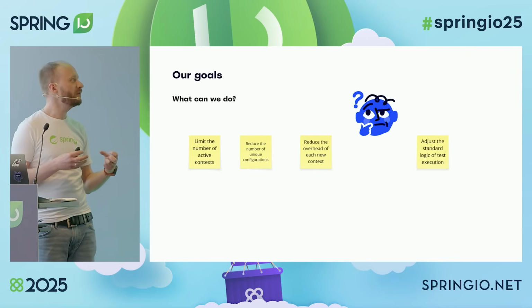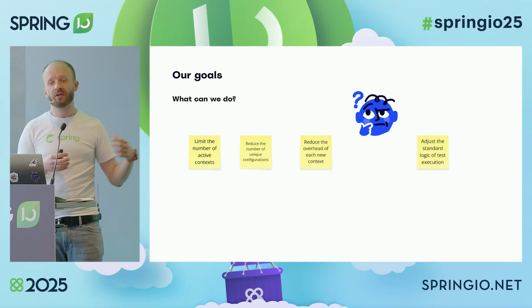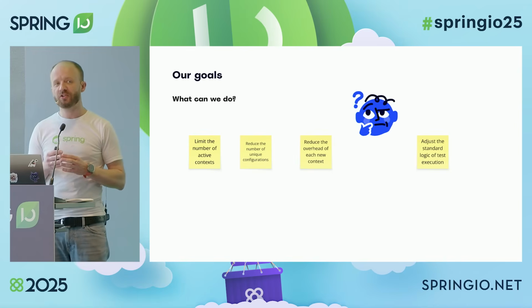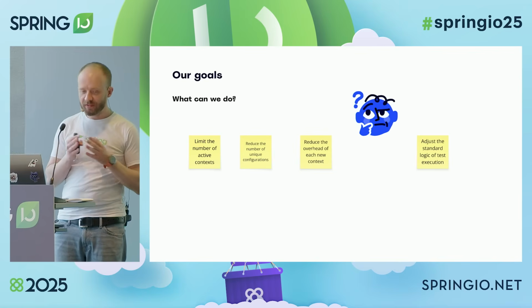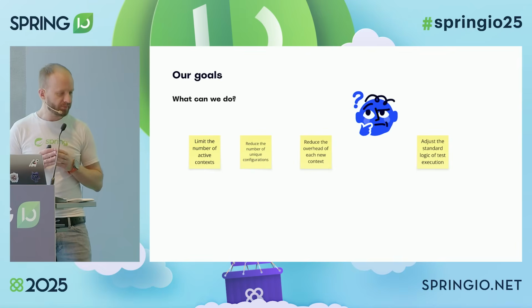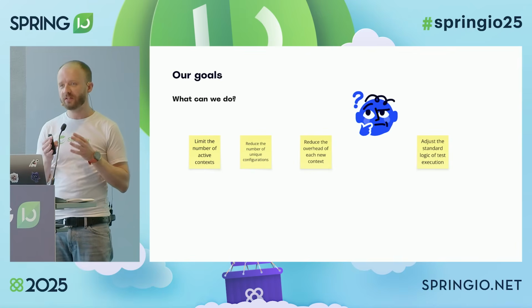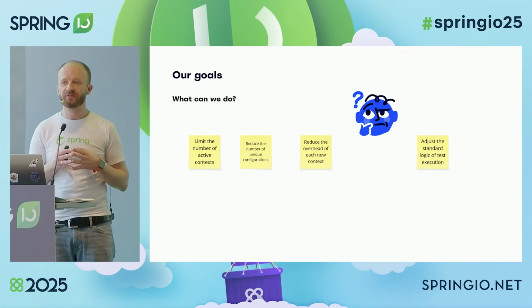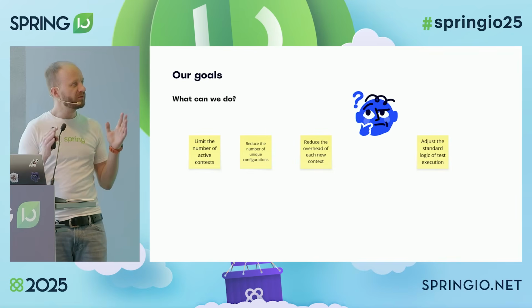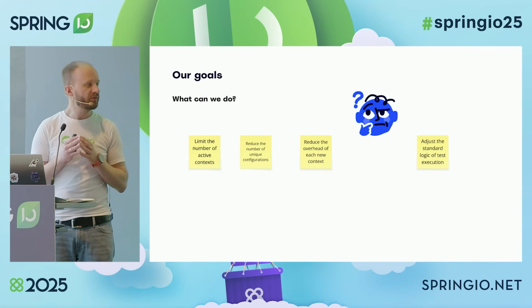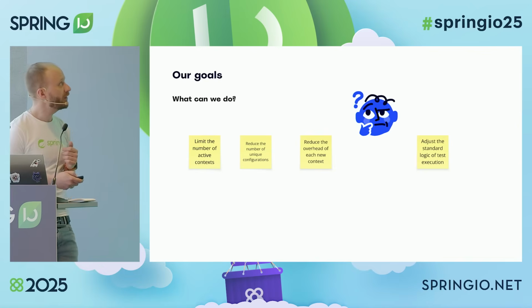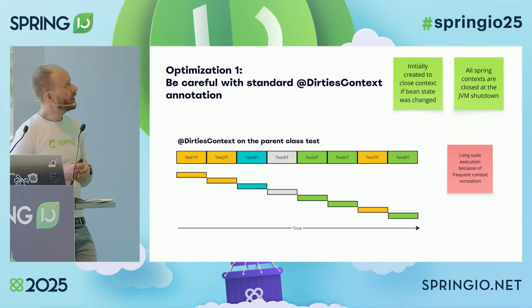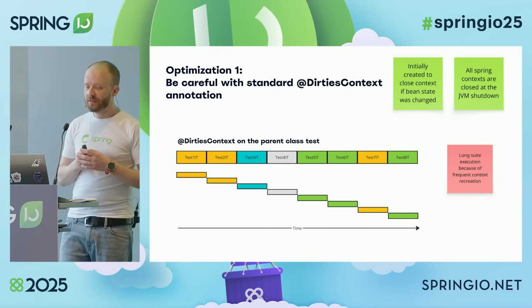So in this case, we need to find out how to reduce the overhead of each newly created context. And the last thing that I would like to talk about today is to revisit the standard behavior of the Spring test framework, because it's great, flexible, and works for most projects, but doesn't scale infinitely. So we need to do something with it. Let's go with optimizations.